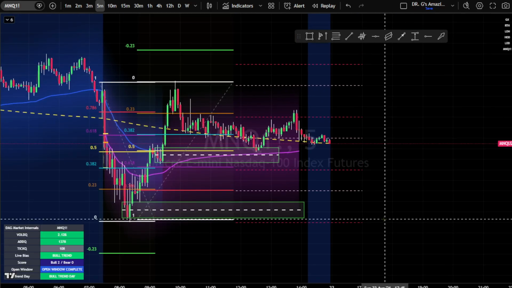Again, there's several things that can happen. It could hit it and bounce. It could hit it strongly and bounce. It can ease its way through, or it can completely run the stop sign and come back and retest. It's not one of those things where you say, okay, I have to take this and go down. But what you have to take a look at is the context of what's happening on your chart.